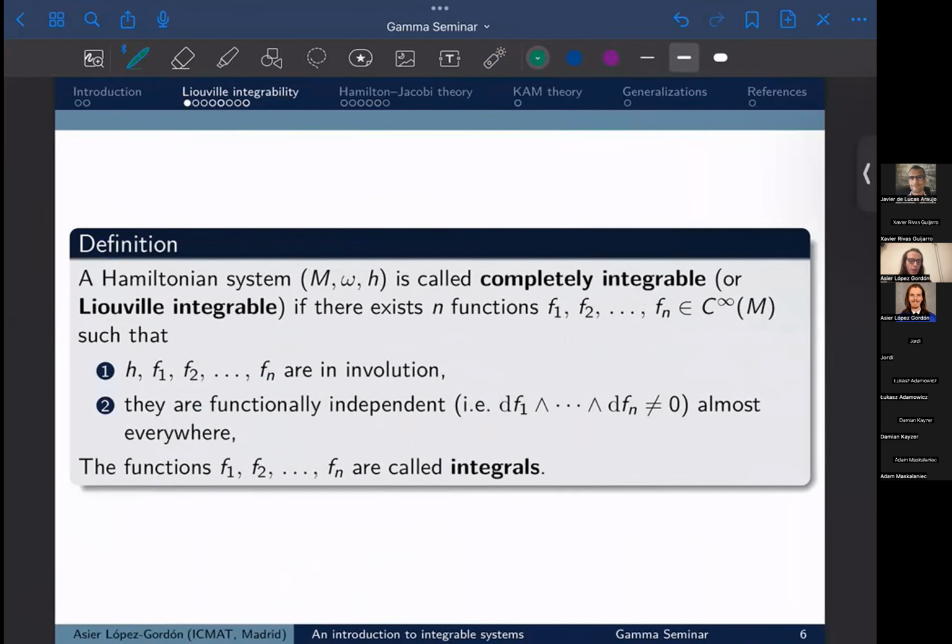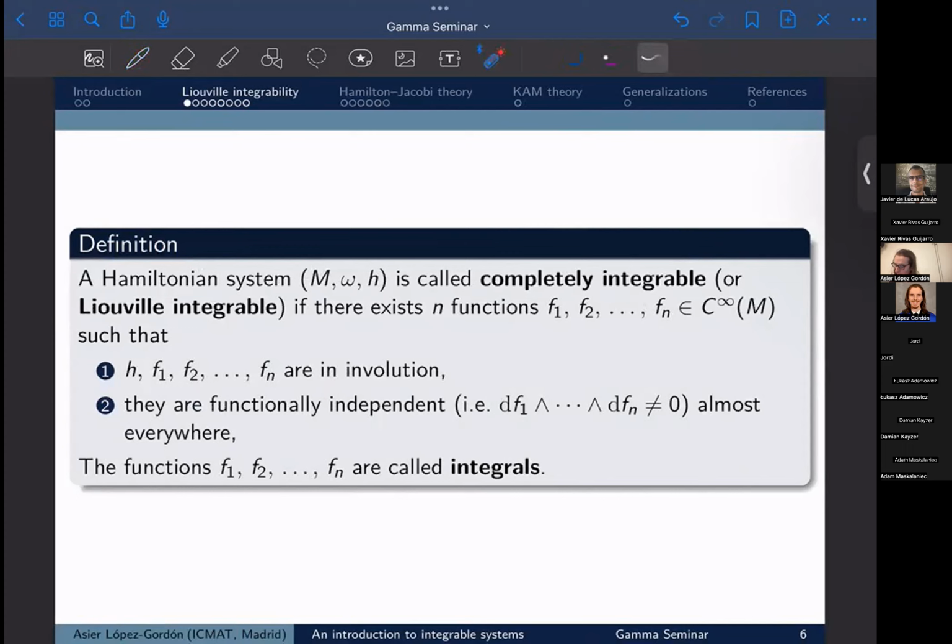Okay, so I will finally introduce the definition of integrable system. We will call a Hamiltonian system completely integrable, also known as Liouville integrable, if there exist n functions, where n is half of the dimension of the symplectic manifold, such that they are in involution between themselves and also with the Hamiltonian function, and they are functionally independent.